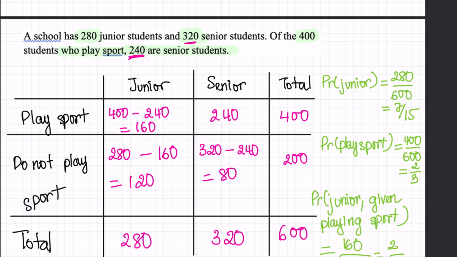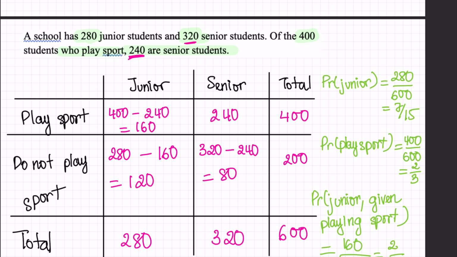I'm going to compare it to another one. The probability of a student who is junior who plays sport is in here. Junior who plays sport is here, 160. That is everything they say, so we go for the whole population, over 600, simplify to 4 over 15.